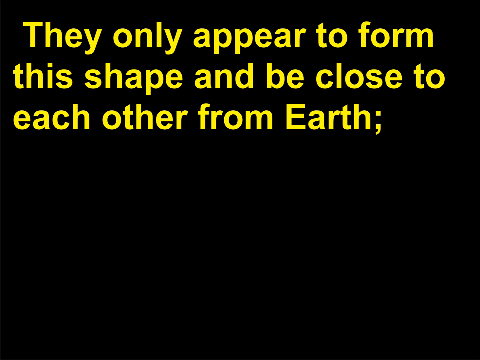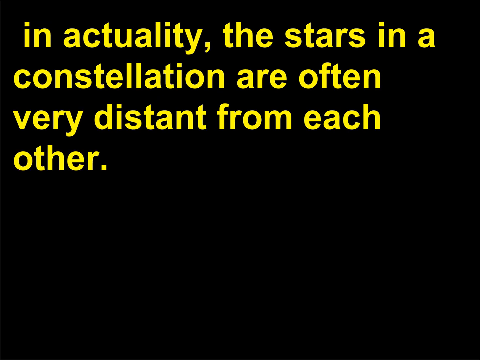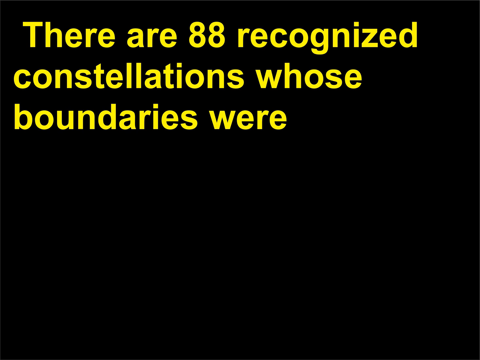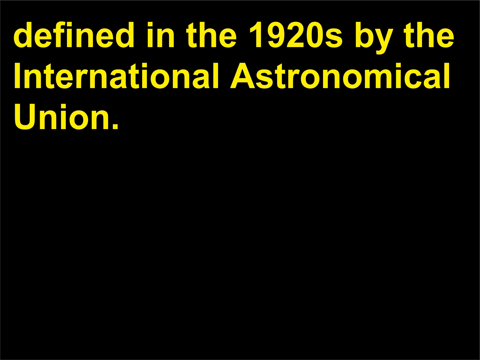They only appear to form this shape and be close to each other from Earth. In actuality, the stars in a constellation are often very distant from each other. There are 88 recognized constellations whose boundaries were defined in the 1920s by the International Astronomical Union.